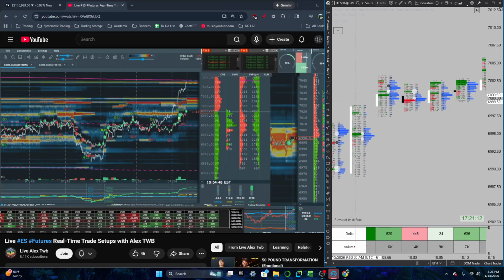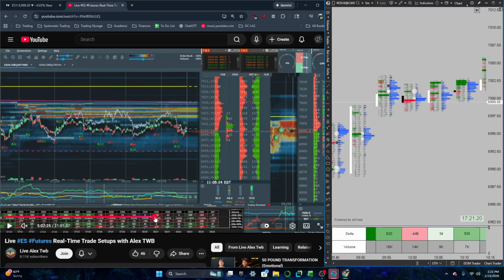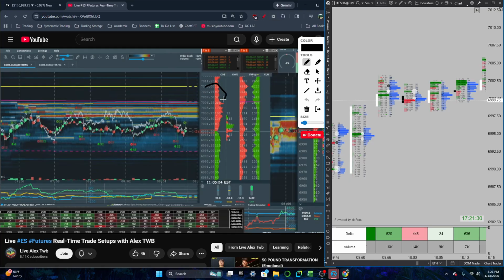There's a big splurge in buying. Let's see. Now here we consolidate for a bit around this 7,002 to 7,006 level. I do think we're going to take out this 7,006 level simply because it's so significant and point of control is still above.